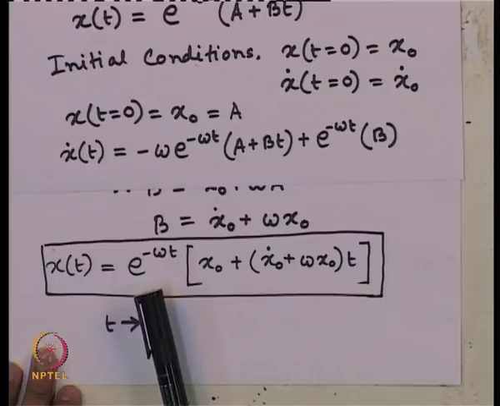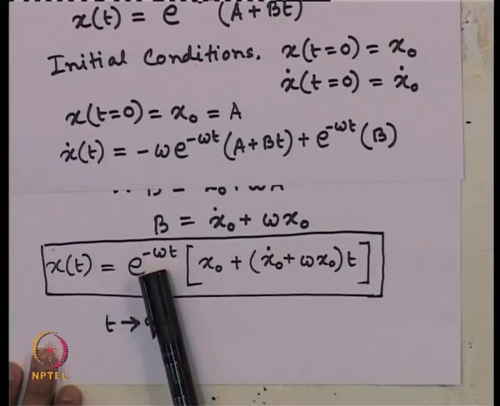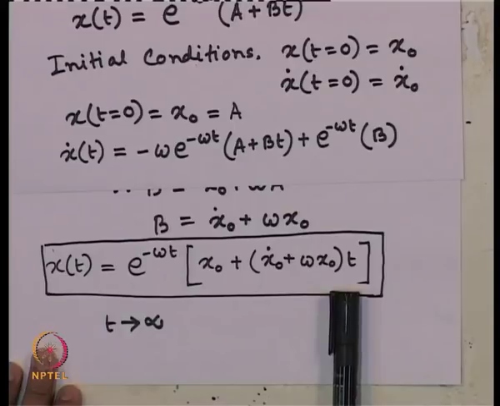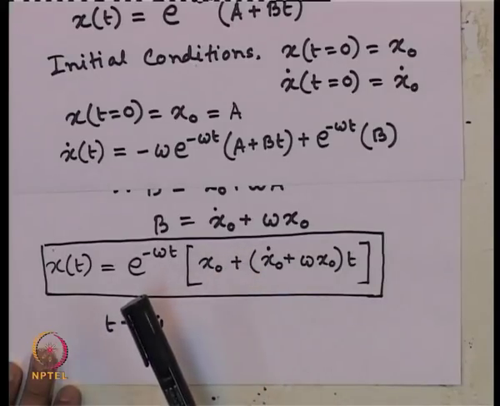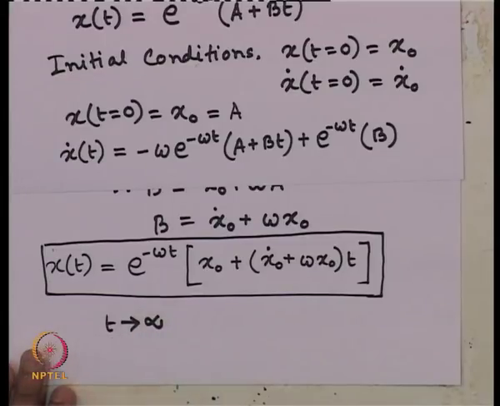The exponential function is a decay function which decreases with increase in time because of this minus omega factor, and this polynomial function is an increasing function, that is, with increase in time it increases. So, will the combination of them be increasing or decreasing? From our knowledge of mathematics, among several functions, one dominates over the other one.